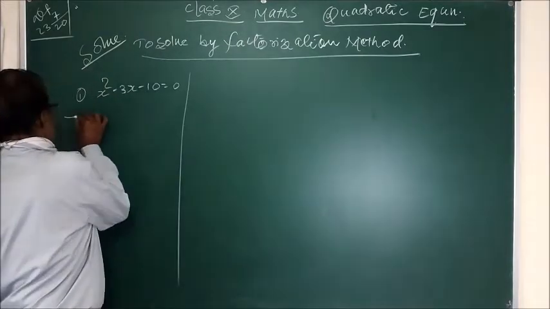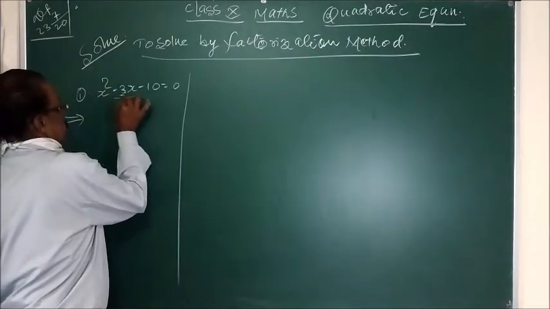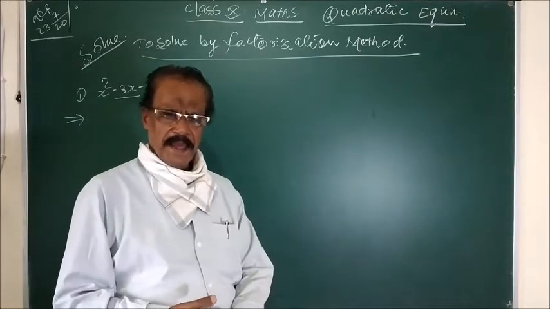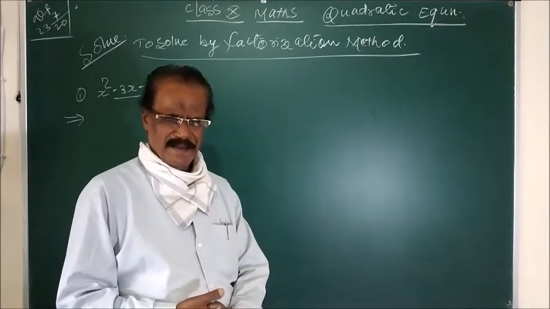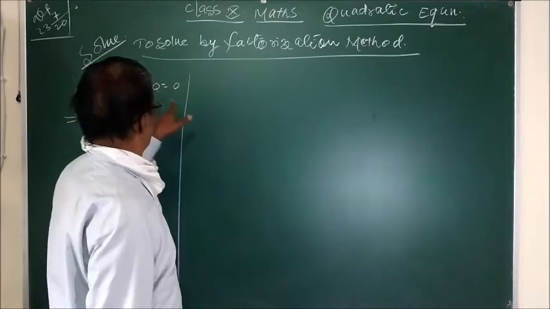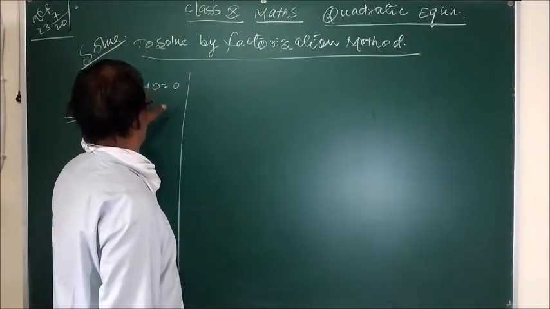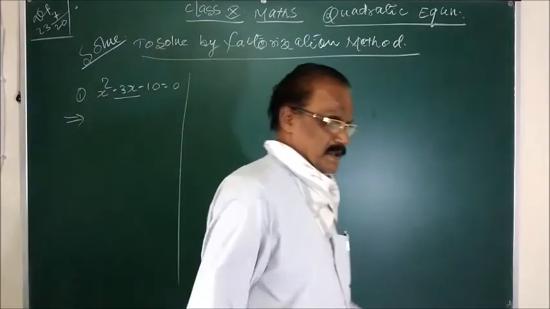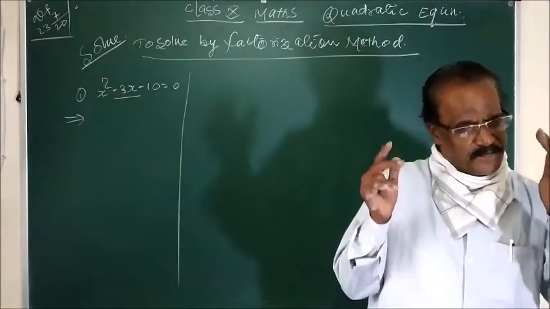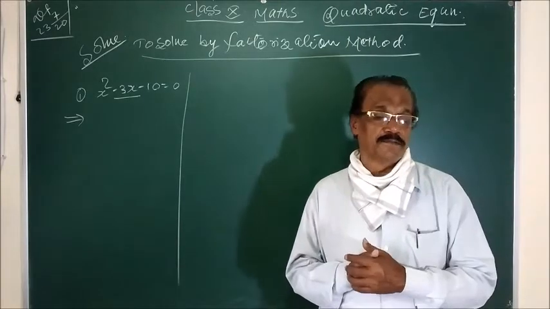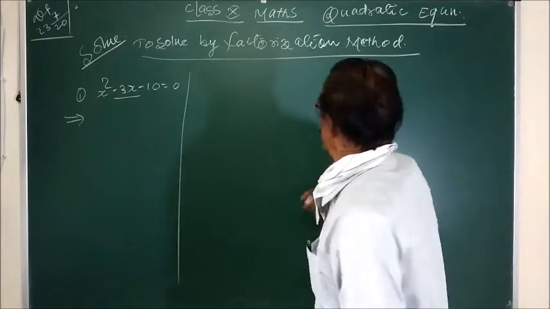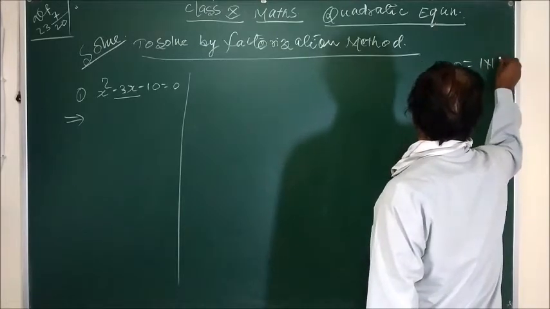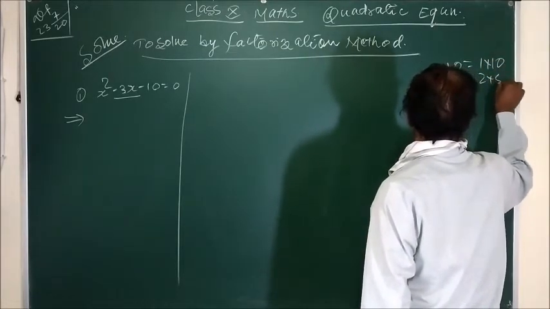Step number 1, you split minus 3x in such a way that the product should be minus 10. And you can also understand this as changing 10 into two parts, two factors. So you see the factors of 10: 1 into 10, 2 into 5.